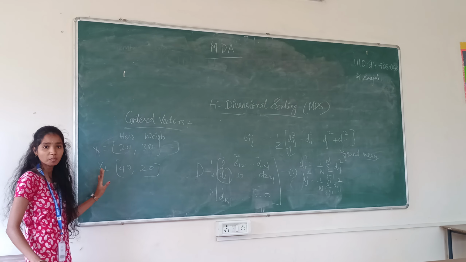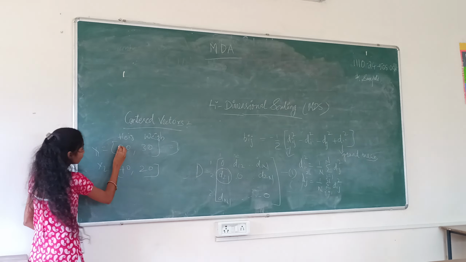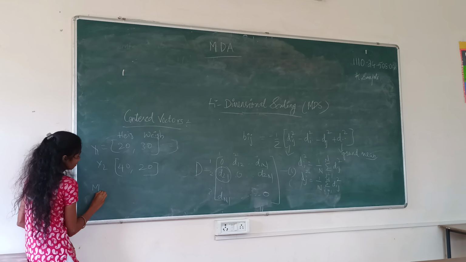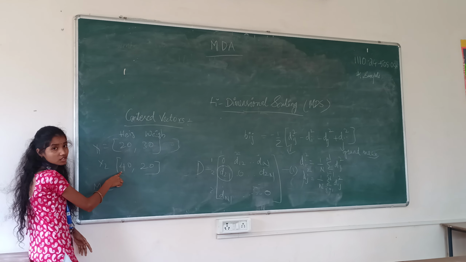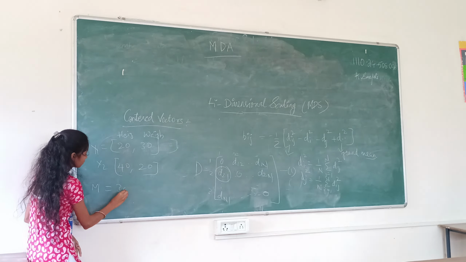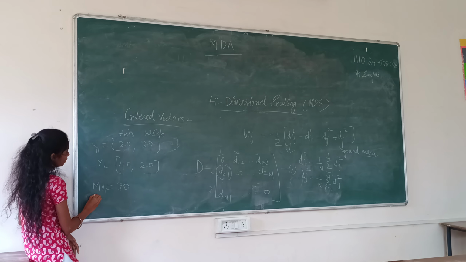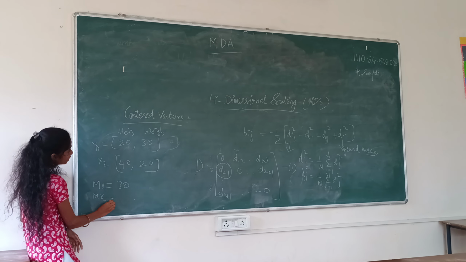First we need to find the mean. So the mean of the first height will be 20 plus 40, which is 60, and 60 divided by 2 is 30. And the mean of the second, that is 40, is also 30.